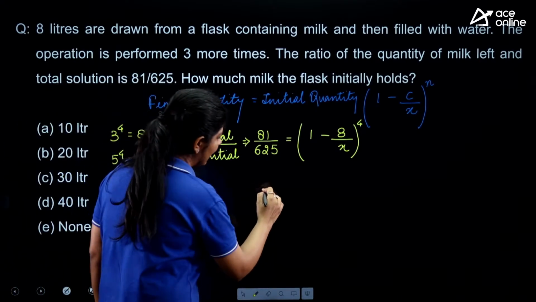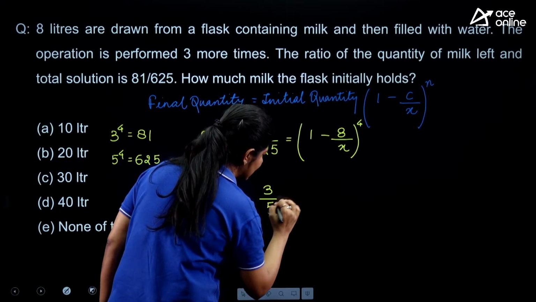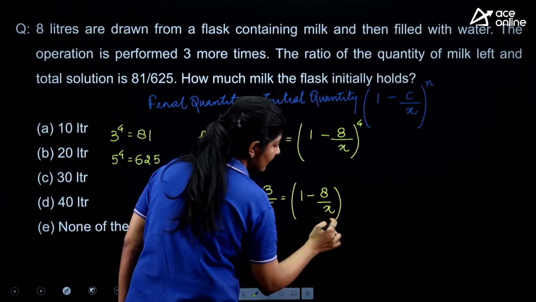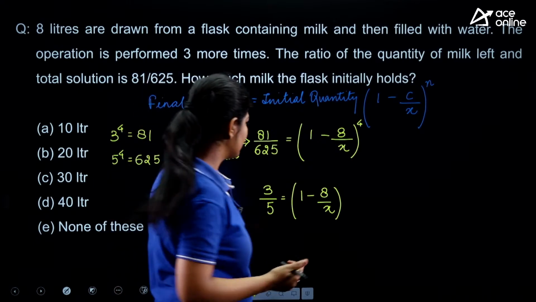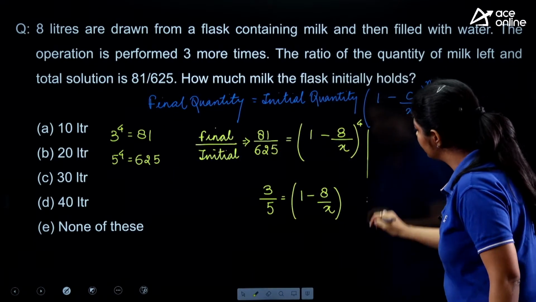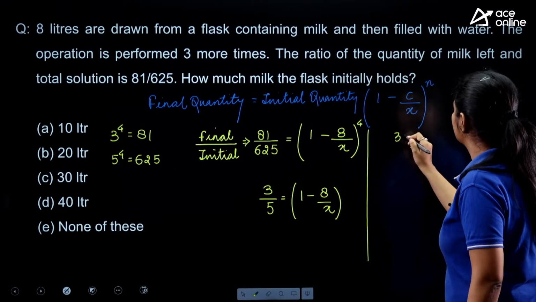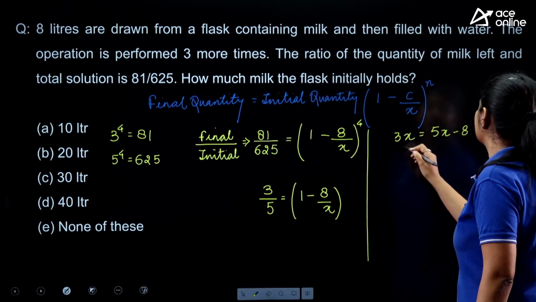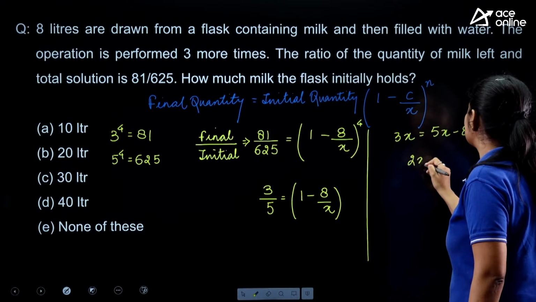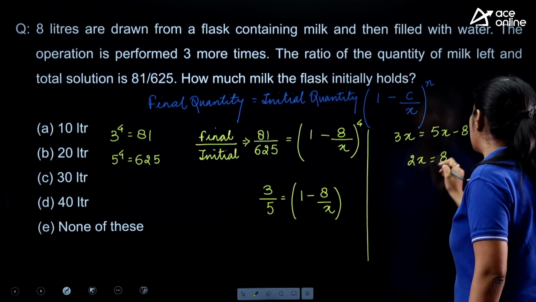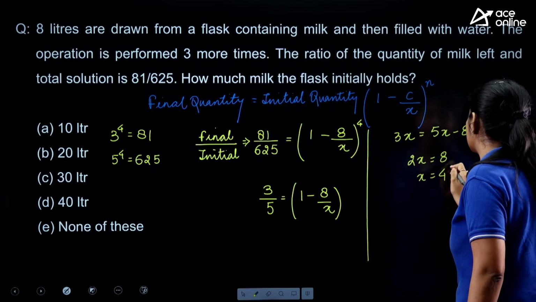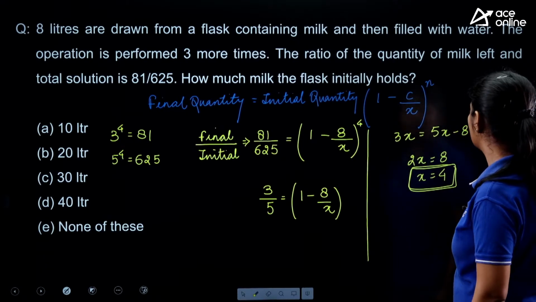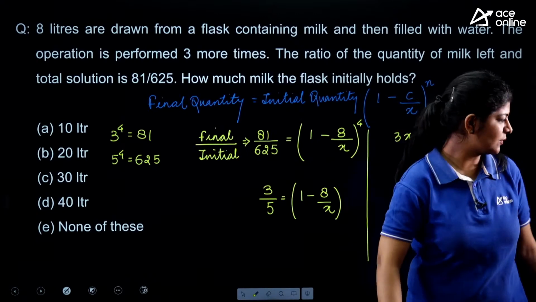So we can write that 3 by 5 equals 1 minus 8 by x, right? Now we can simplify this and write it as 3x equals 5x minus 8. That means 2x equals 8 and the value of x that we got over here is 4, right?